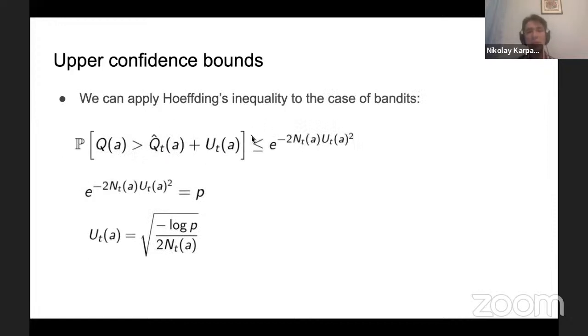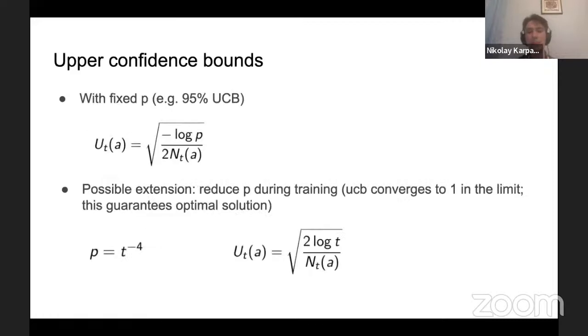And when we increase the certainty of this confidence interval, we decrease the p, because p is basically 1 minus the probability that the sample is bounded in this confidence interval, in this notation. So hence we decrease p during training to shrink the confidence interval even further and guarantee the optimal solution at the end of the training.